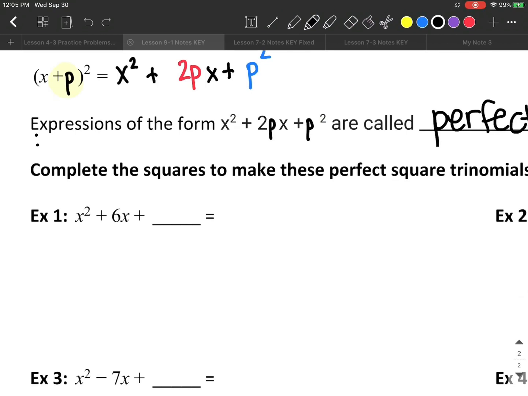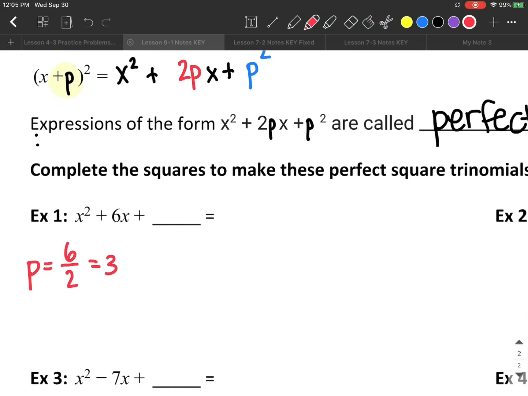So in order to find what p is, I'm going to have to take this number in front of the x and divide it by 2, go backwards. I know 2p is the number in front of x. Well, I want just p. So I can take this number in front and divide by 2 to get back to it. And that gives me 3.